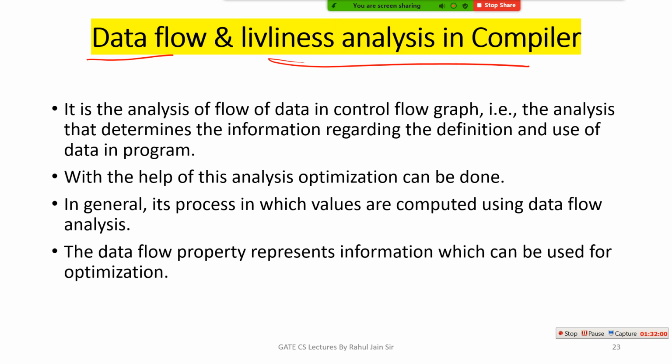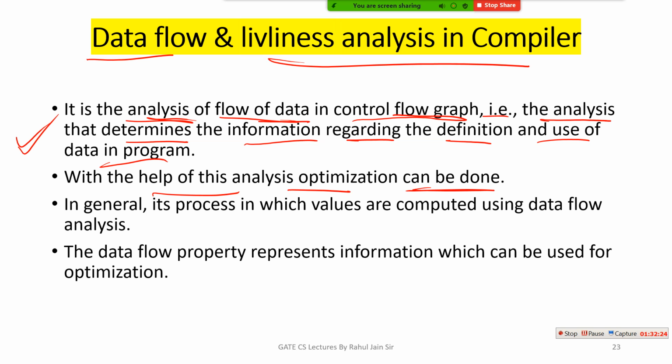The first point is that it is the analysis of flow of data in a control flow graph. That is the analysis that determines the information regarding the definition and use of data in a program. We will discuss it with an example, because it is a completely theoretical topic. With the help of this analysis, optimization can be done.